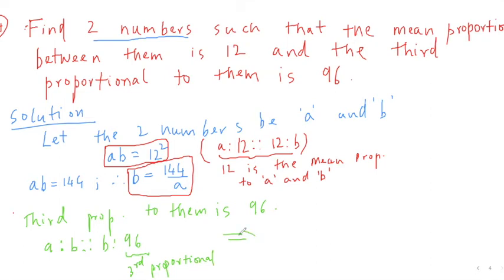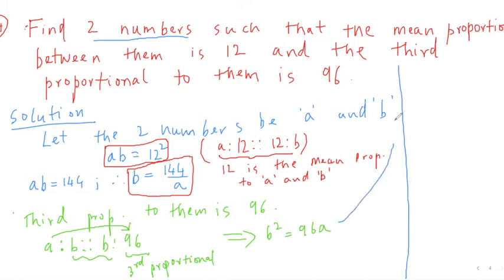So this can be expressed as B squared is equal to 96A, since the product of means is equal to the product of extremes. We already have B is equal to 144 by A, and we can substitute that.